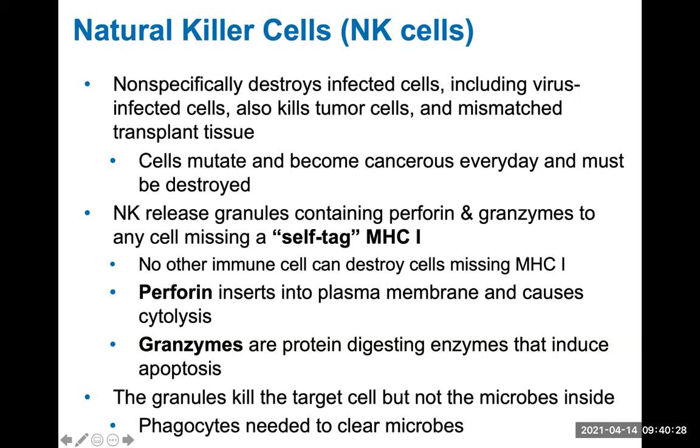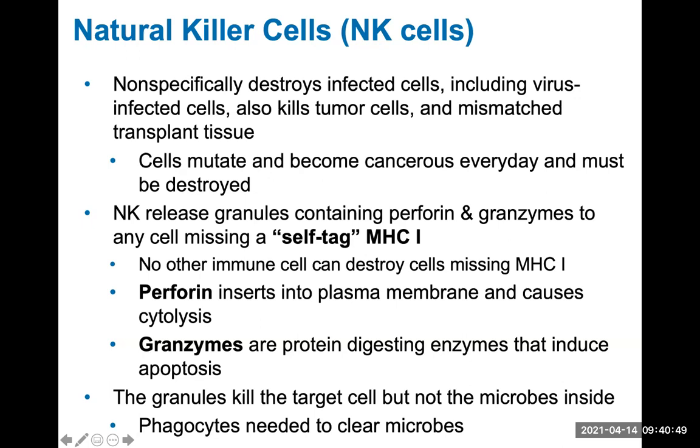Okay, so natural killer cells non-specifically destroy infected cells. This could be a bacterial infection if it's an intracellular bacteria. It can be a virus, right? Virus infected cells. It can also be tumor cells, right?